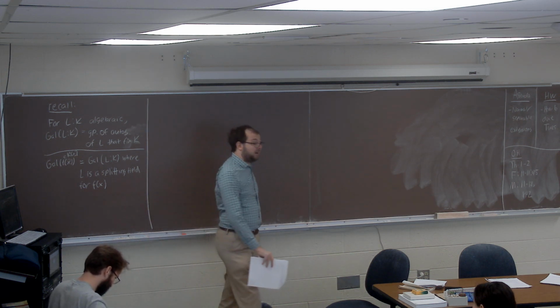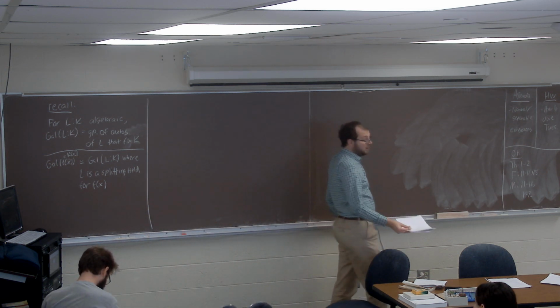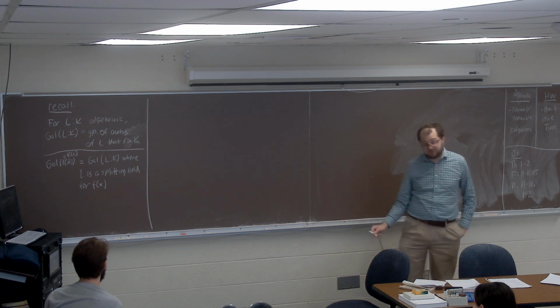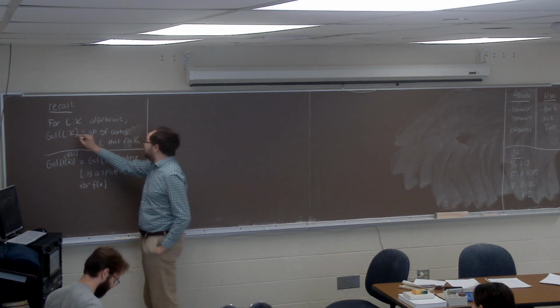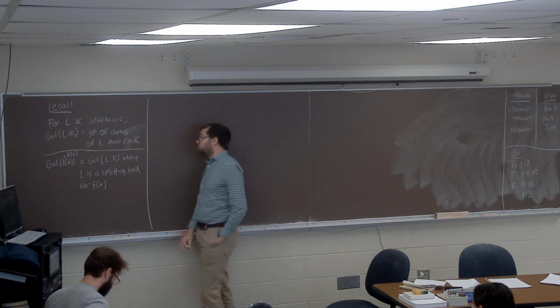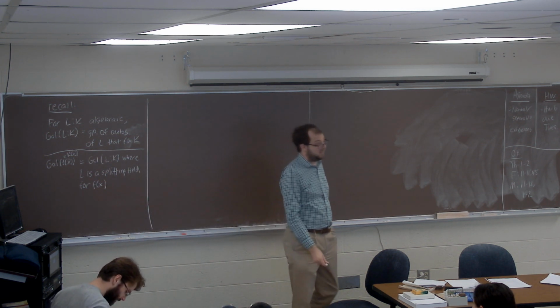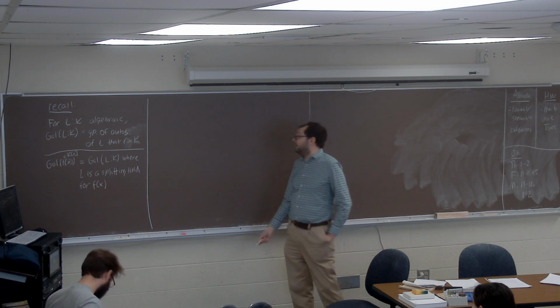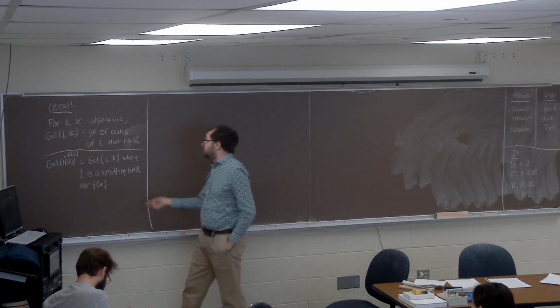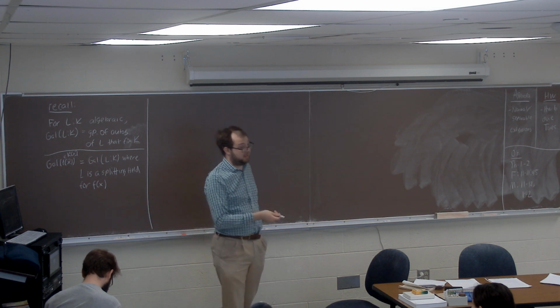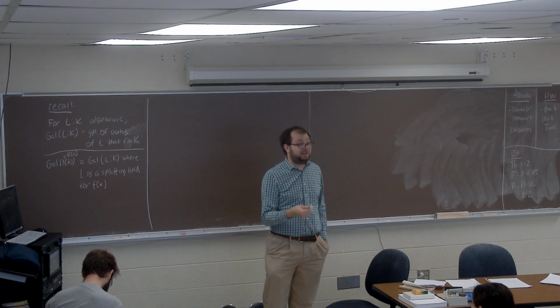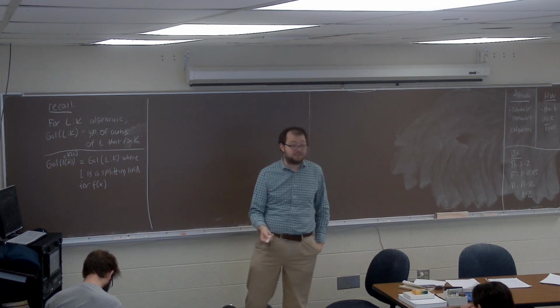Let's talk some more about Galois groups then. Last time we defined what it means to take the Galois group of an algebraic field extension, where we said that the Galois group of the extension L over K is the group of automorphisms of L that fix every element in K, meaning the set of all phi that are isomorphisms from L to itself, where phi maps any element in K specifically to itself.